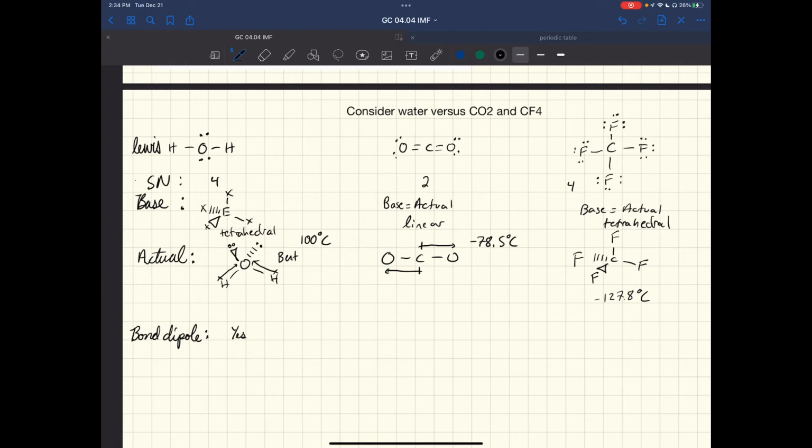I am pulling out on my hands in opposite directions, but my hand's not moving because the forces are canceling out. And that's what's happening here in CO2. This bond dipole and this bond dipole are working in opposite directions. And those opposite directions are going to cancel each other out. So yes, there are bond dipoles. However, the bond dipoles cancel.